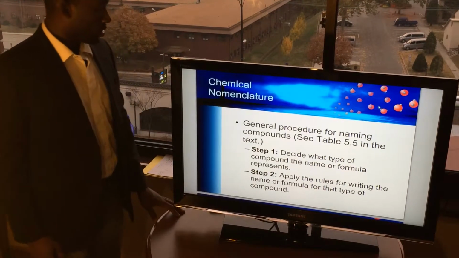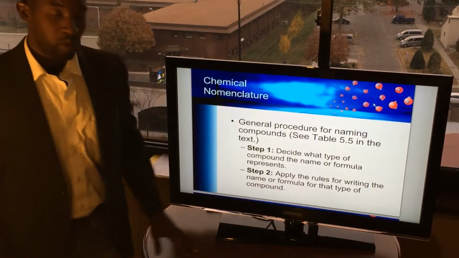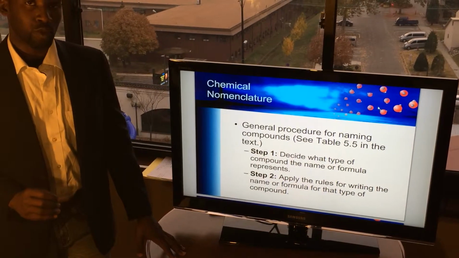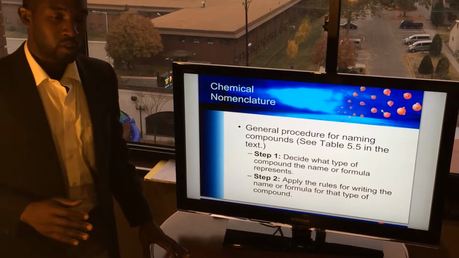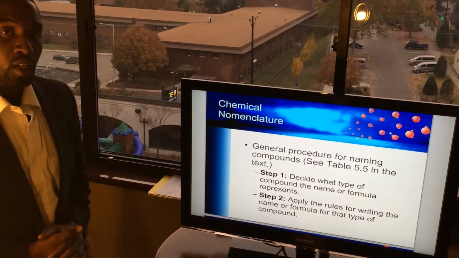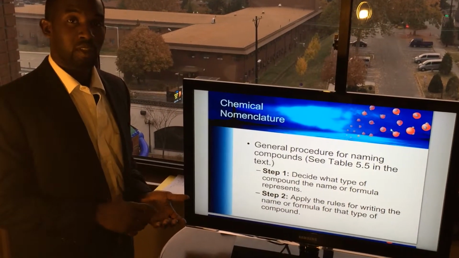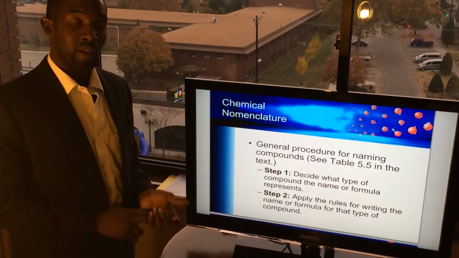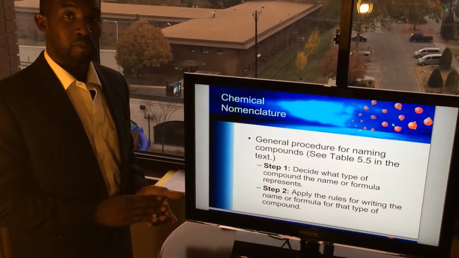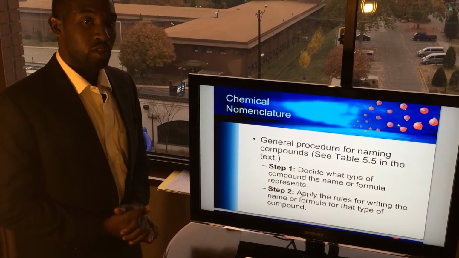Secondly, just apply the rules for writing the name or the formula. So make sure you look at the tables, look through the chapter, and take some time to go through the tutorials because they're very helpful. They help you go from describing the formula to generating a name, and also from looking at the name to generating a formula.